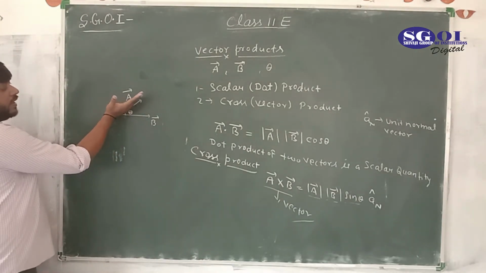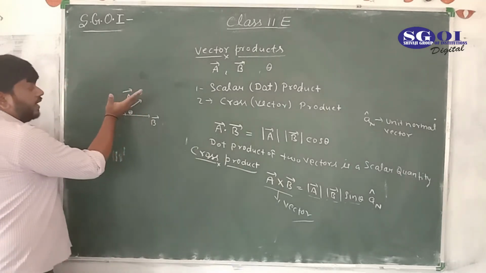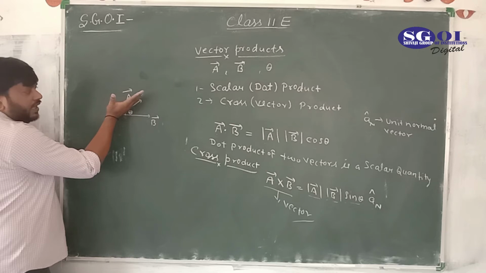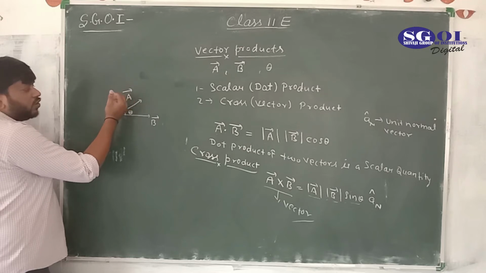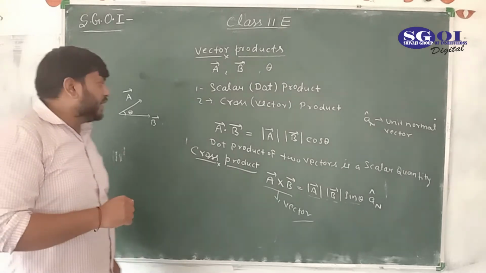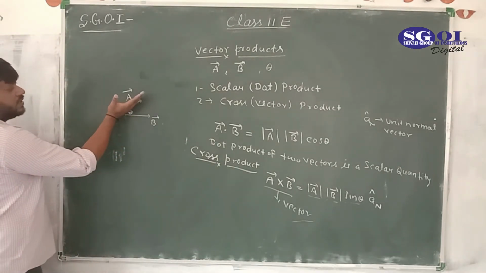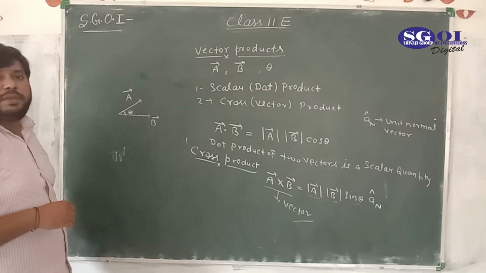You can't put it like this, because if you put this portion of your hand at A and close your fingers, then your fingers are not pointing towards B. Your fingers must be pointing towards the B vector. But if you place it like this, your fingers are pointing in this direction, but there is no B vector.